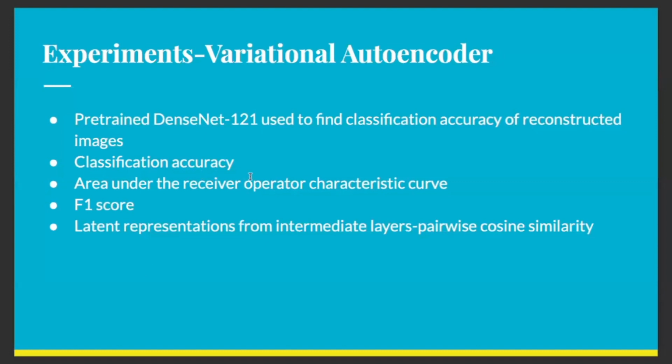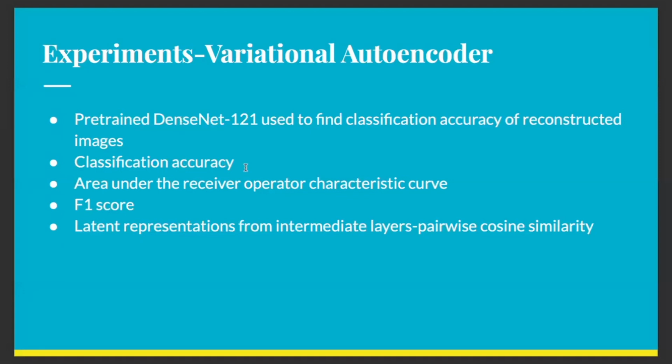And then in addition, in this experiment, a pre-trained DenseNet was used to try to classify abnormalities or disorders in these reconstructed chest X-ray images. There were 18 different disorders that occur in the chest that this DenseNet was meant to try to classify.